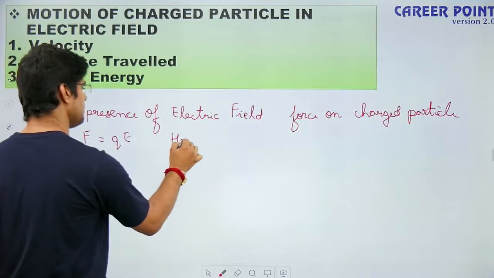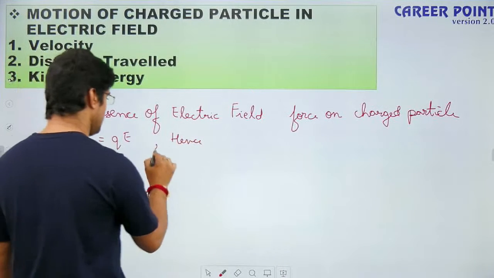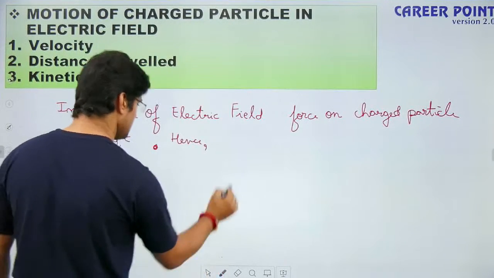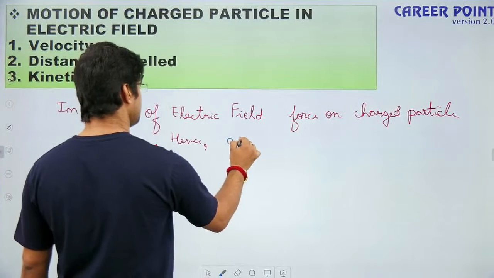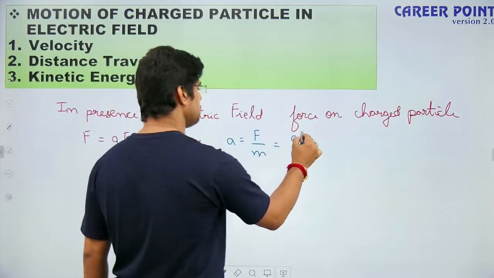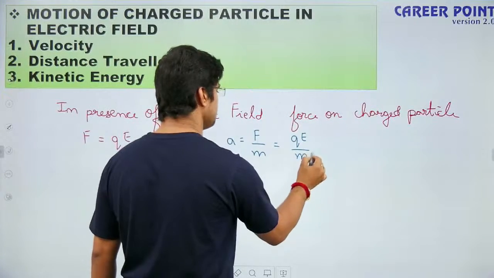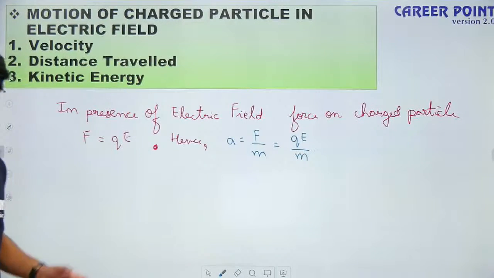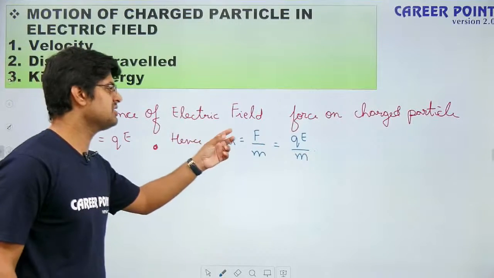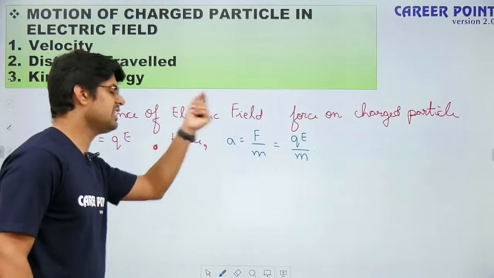Hence acceleration is equal to force upon mass, or you can say Q into E divided by M.